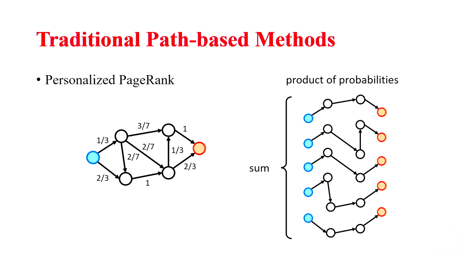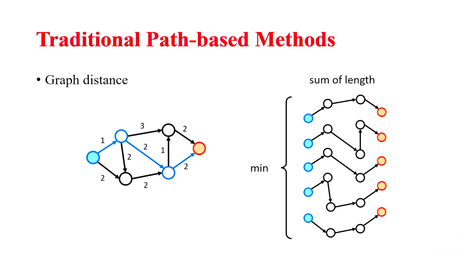And then to get a pair representation between this blue and orange node, we'll sum all these paths together. Now, a different example is the graph distance, where instead of multiplying the edge weights, which we interpreted as probabilities, we now simply take them as the distance and add them together. And instead of adding all the paths together, we take the minimum.